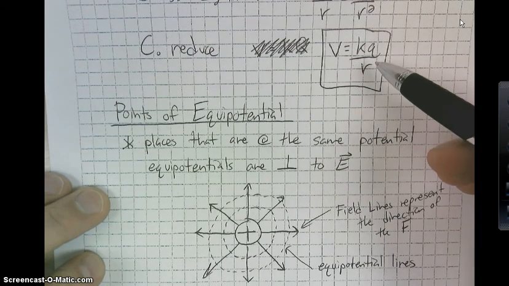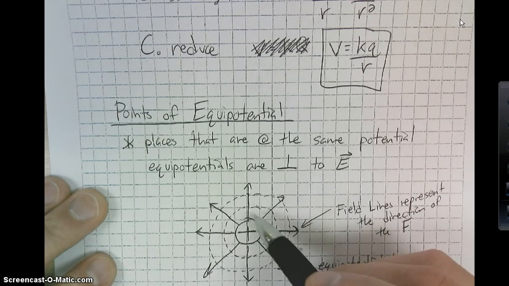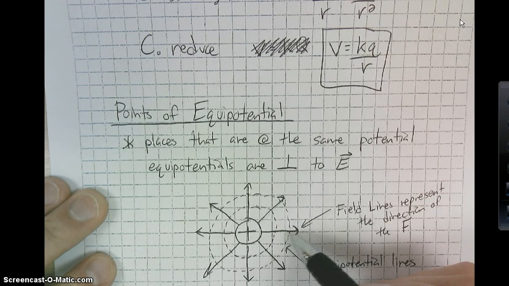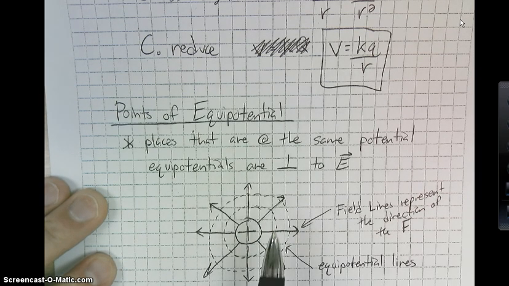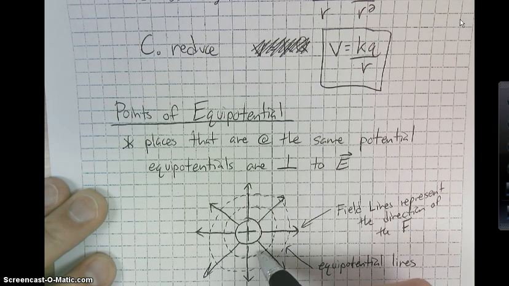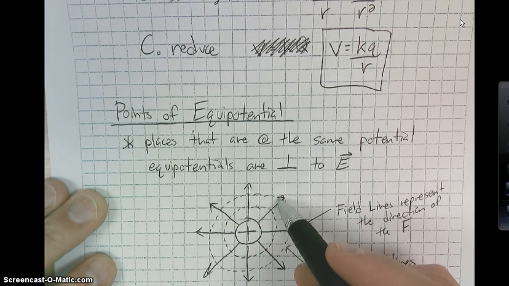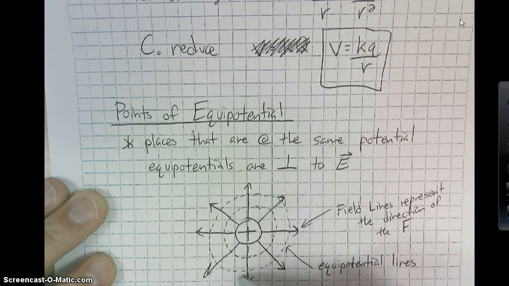A little visual of it: if I have a charge, I've got some field lines that lead off, and then for every radius, if I had a compass and I went to here and made a circle around, every point on this dashed line that I've made would represent the same voltage, and every point on this line would represent the same voltage, so on and so forth.